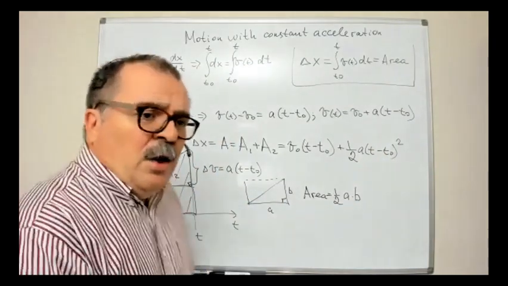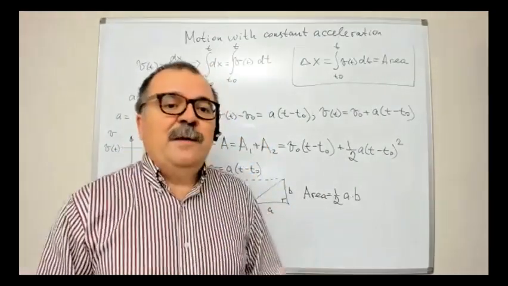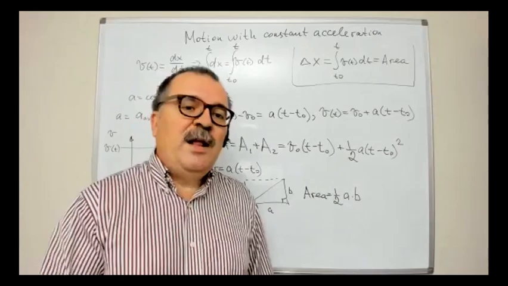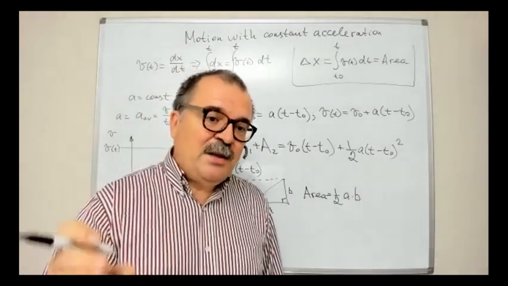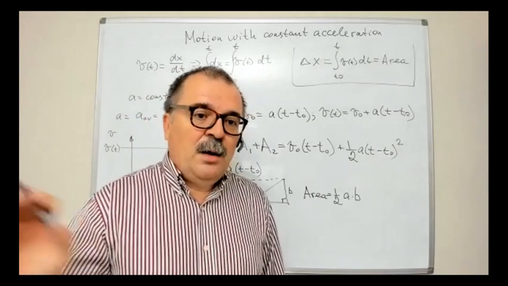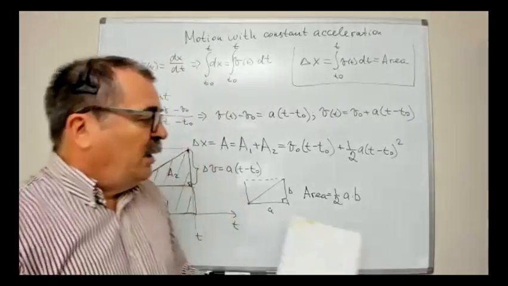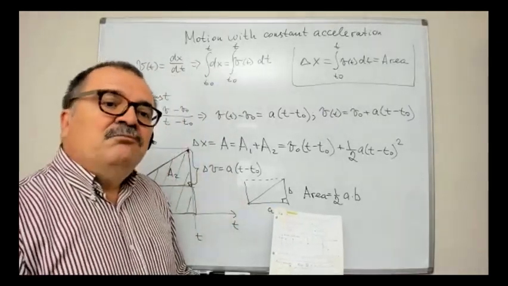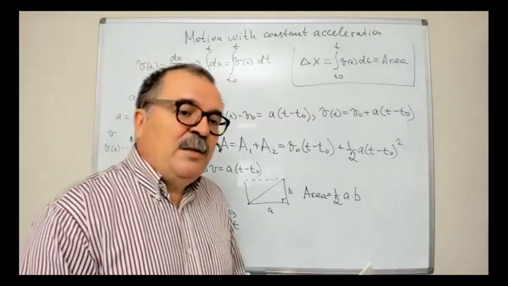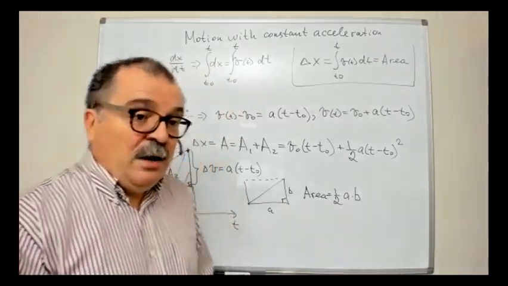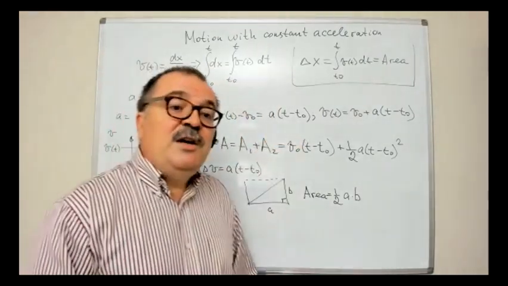Oh, by the way, if you are not familiar with different mathematical formulas from algebra, from geometry, in the book we're using there is an appendix on the back. In this appendix, there are a lot of different formulas, including the formulas for the area of the triangles, the definition of the sine function, cosine function, different trigonometric relations, and also some formulas from calculus, like the first derivative, second derivative.